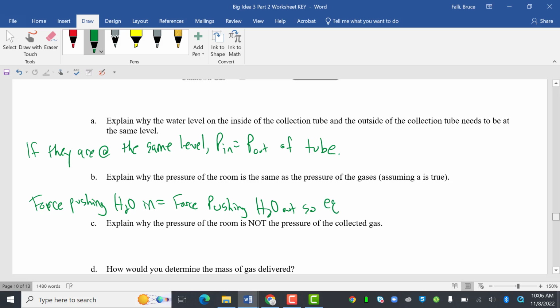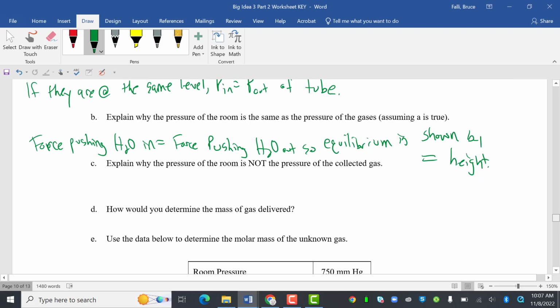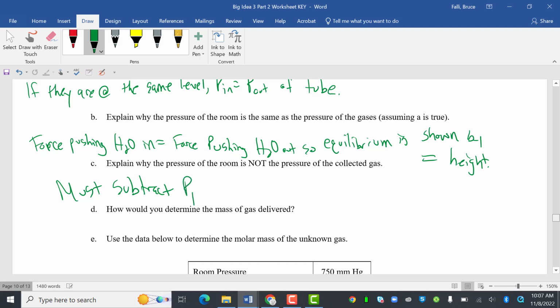So equilibrium is shown by equal height. I don't like that question because it's kind of the same thing as A. But experiment with pressure room is not the pressure of the collected gas. Ah, you must subtract pressure of H2O for a given temp.